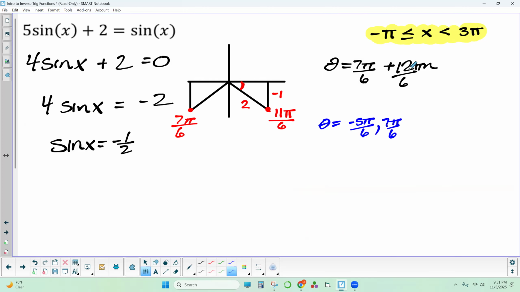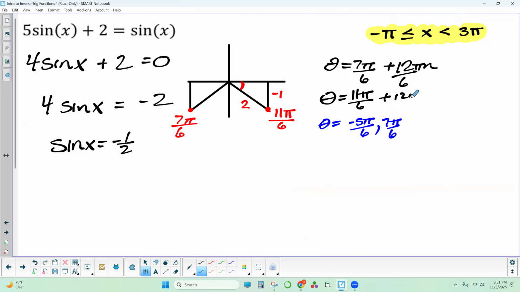Now, if I add 12 pi over 6 to 7 pi over 6, that's going to give me 19 pi over 6, which is a little bit more than 3 pi. So that's as far as I can go. All right. Now I'm going to look at 11 pi over 6.